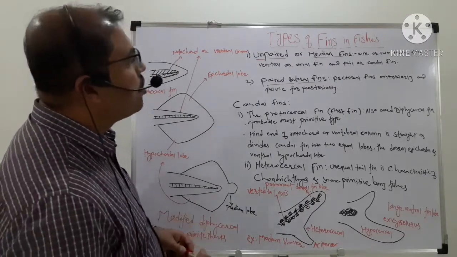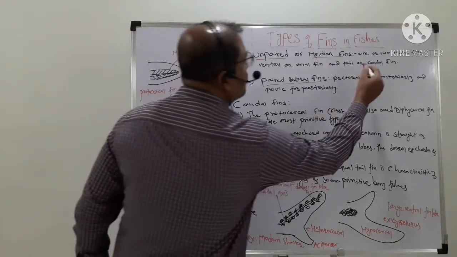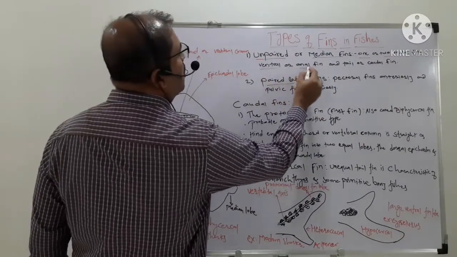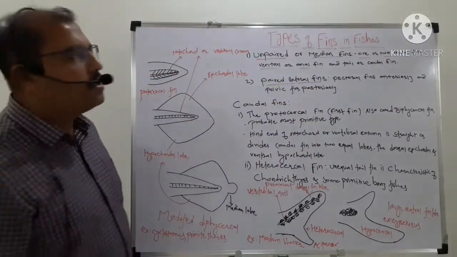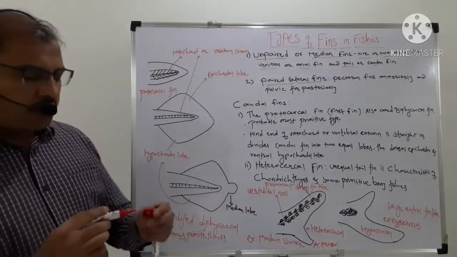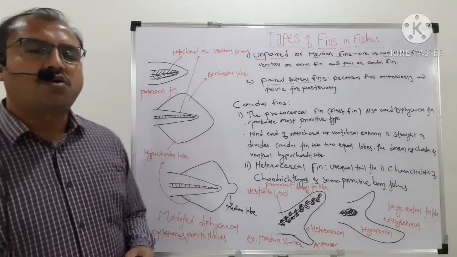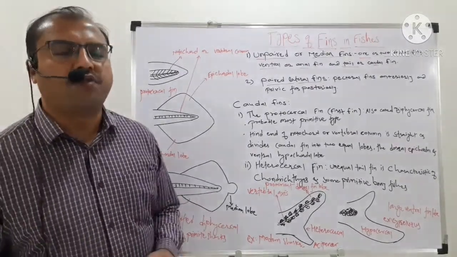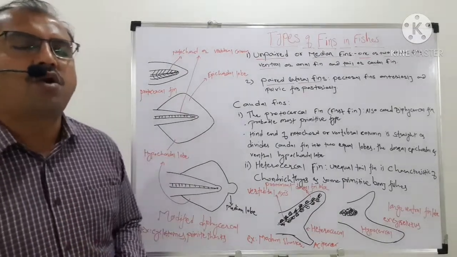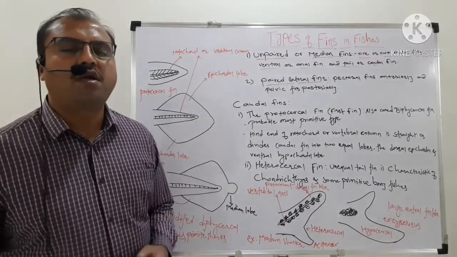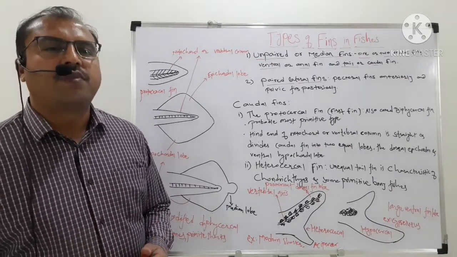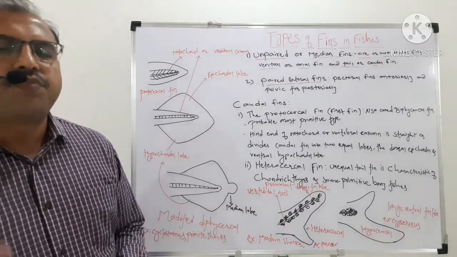These unpaired or median fins may be one or two dorsal fins, then the ventral or anal fin, and a tail fin or caudal fin. Unpaired means those fins which are not in pairs. The dorsal fin, anal fin and caudal fin are prominently unpaired. In the dorsal fin, there may be a first dorsal and a second dorsal.